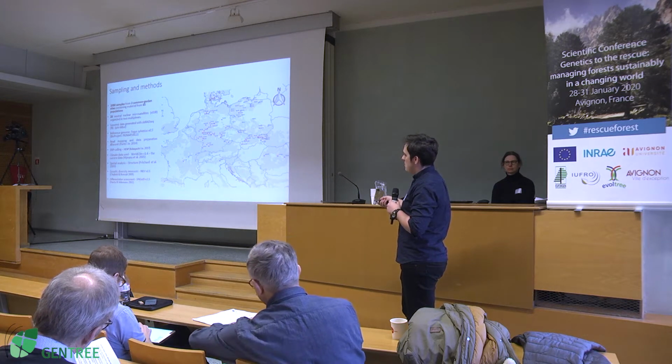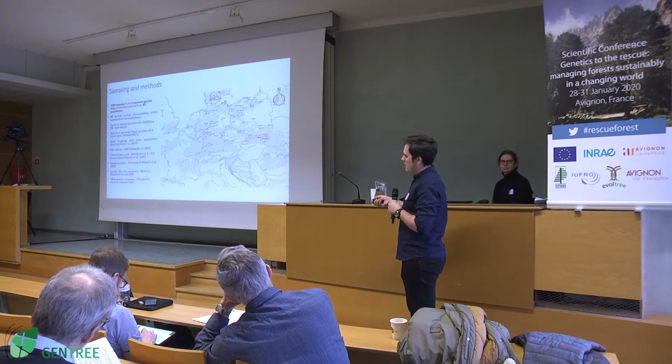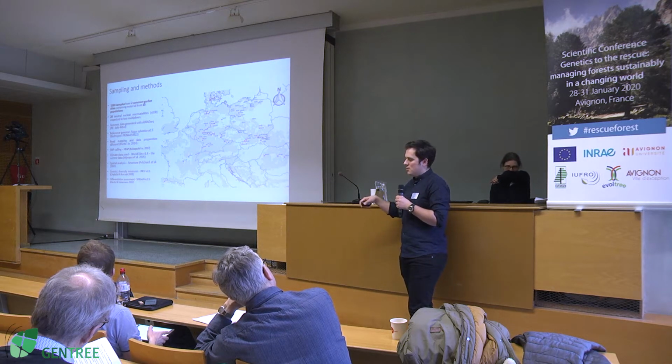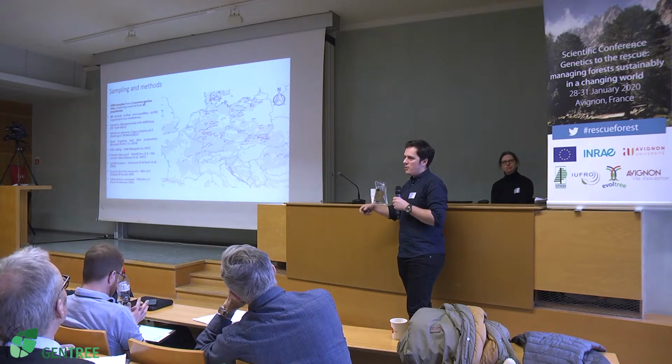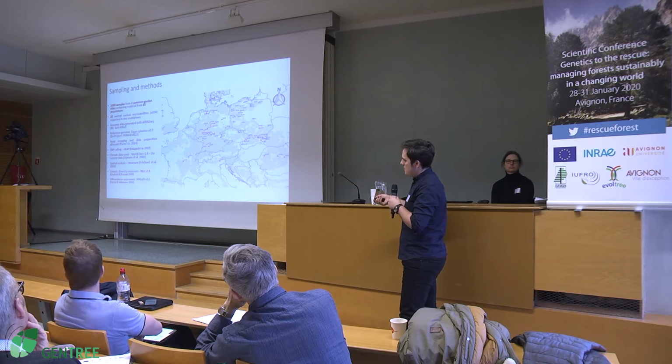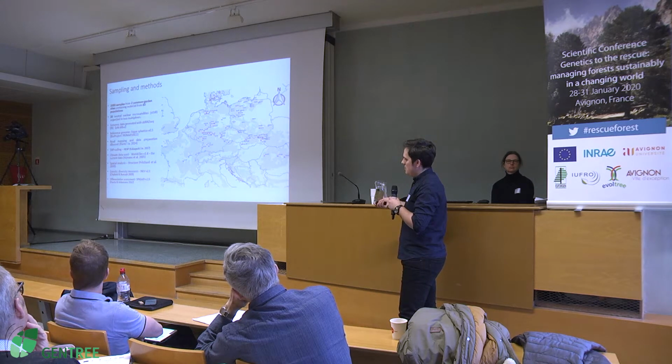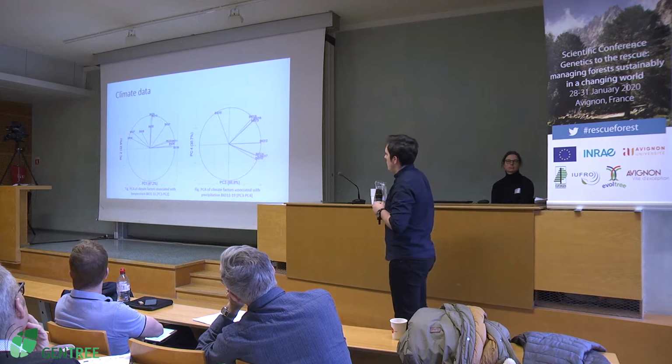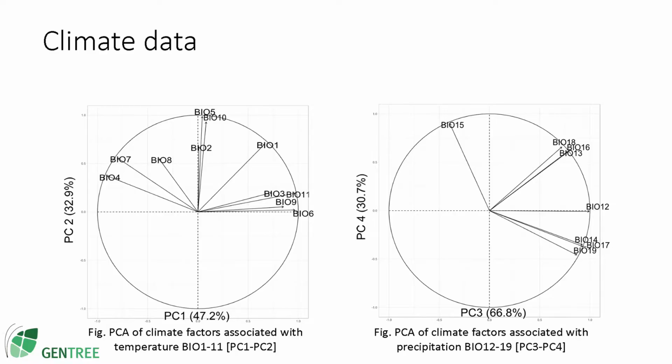We mapped the reads and called the SNPs with HEAP. It's not a very popular software, but it uses the same approach as GATK, so you can call it GATK. For the genome-environment assessment, we used the WorldClim data, and we also analyzed the spatial structure, genetic diversity measures, and differentiation. We transformed the climatic data with PCA just to reduce the redundancy.